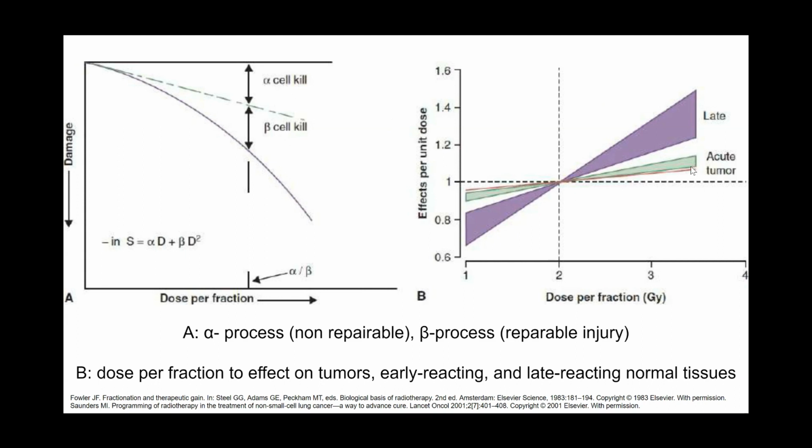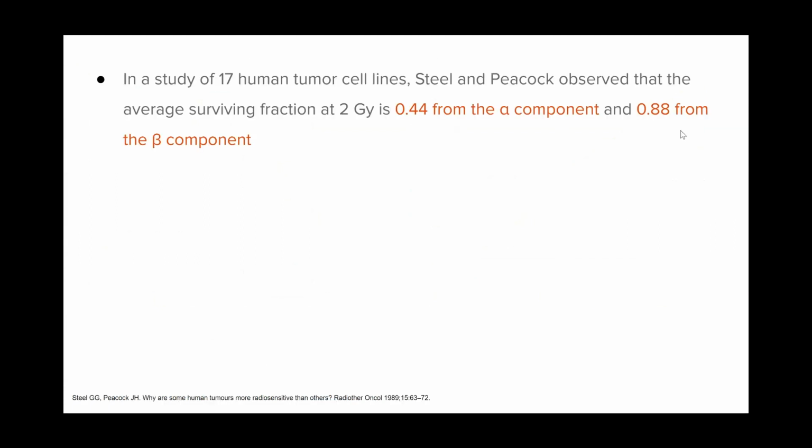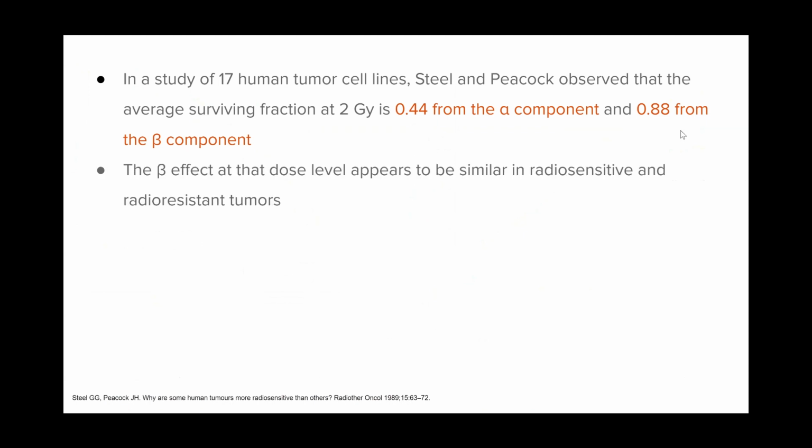Similarly, acute reacting cells are similar to tumors, while late reacting cells are different. Steel and Peacock had studied 17 tumor lines, and they said that for a surviving fraction at 2 Gray, 0.44 is from the alpha component and 0.88 is from the beta component.